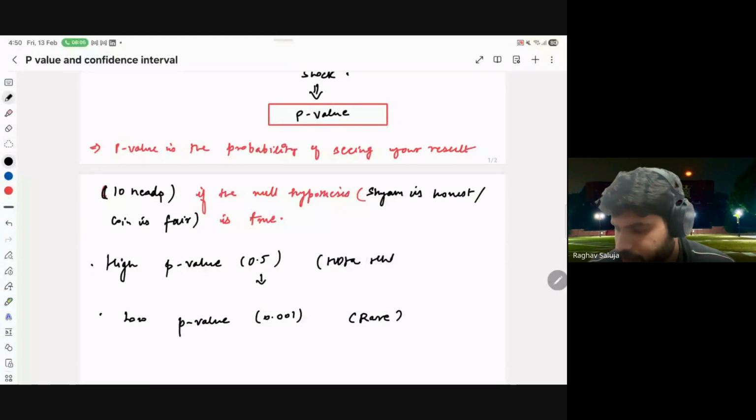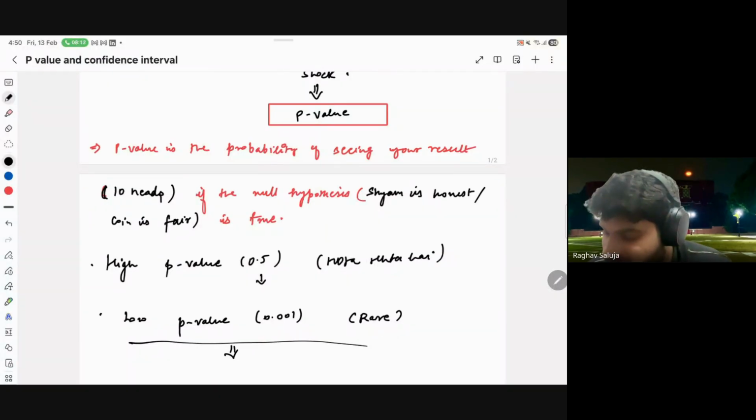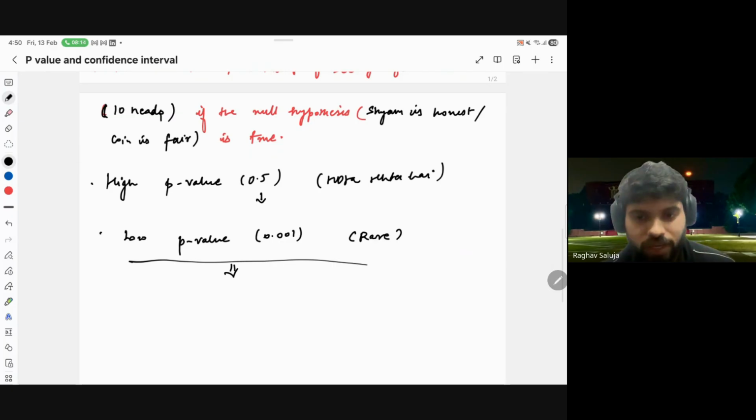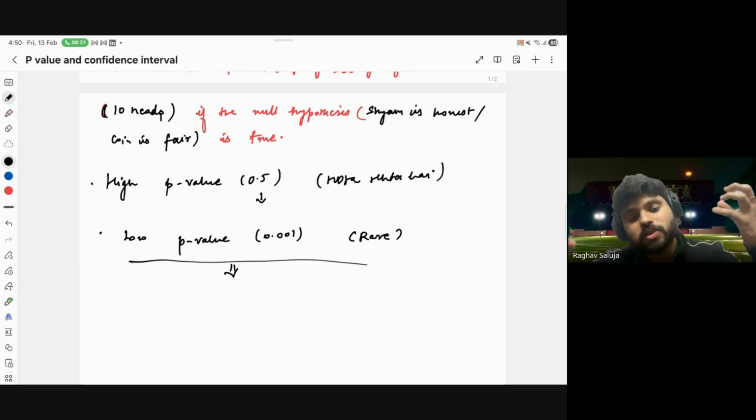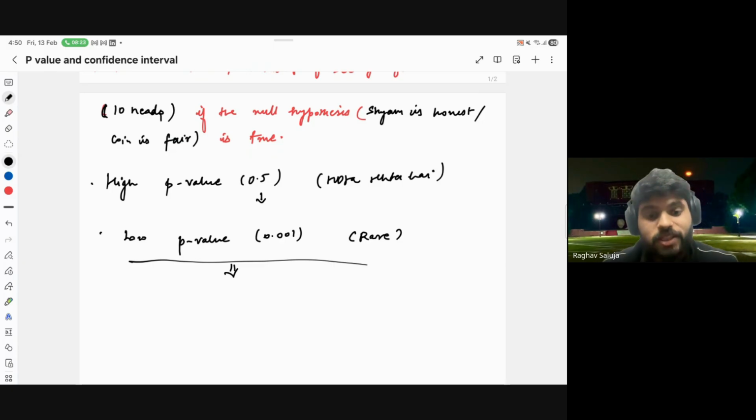So if you think for yourself, if the p-value is less, it means the probability of me seeing my result if the null hypothesis was true is rare. That means something is going wrong. It means the null hypothesis is probably not true, right?